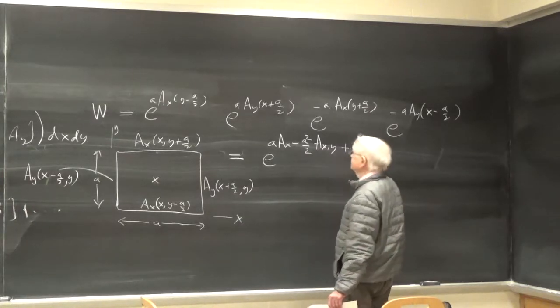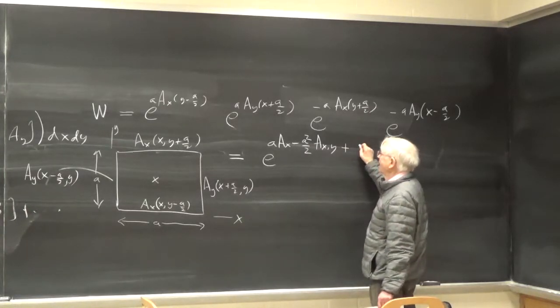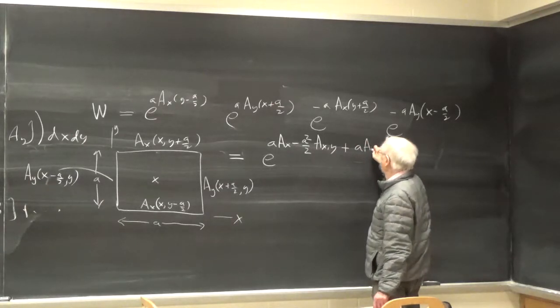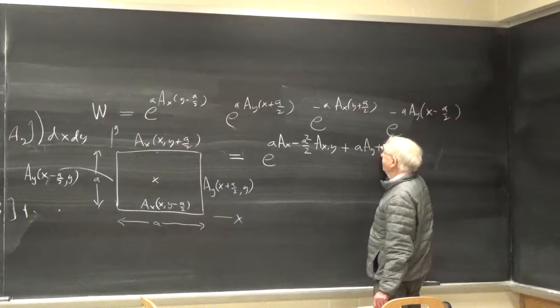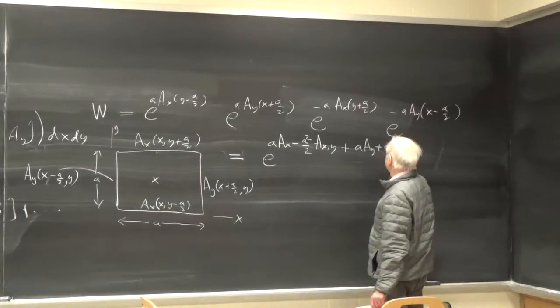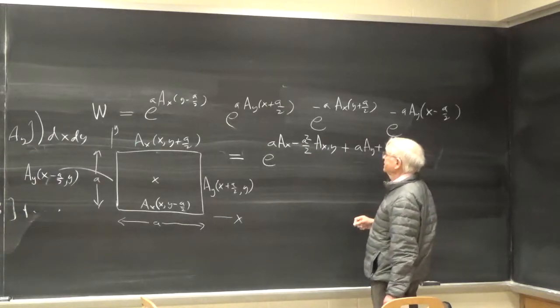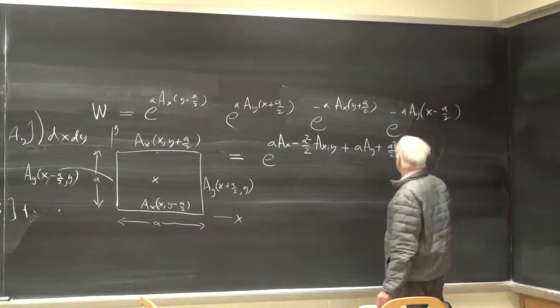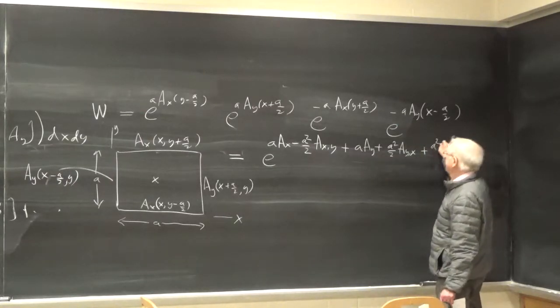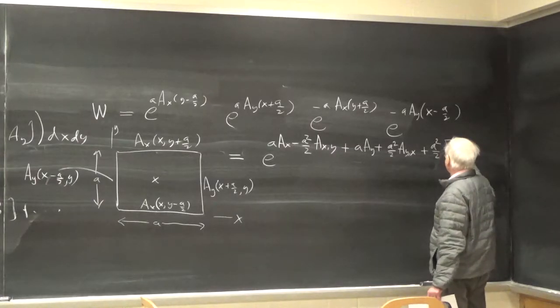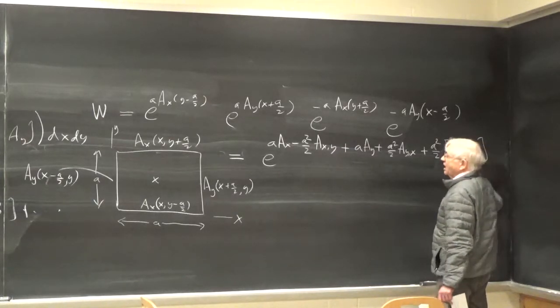Plus a A_y plus a squared over 2 a A_y comma A_x. And then we get plus a squared over 2, the commutator of A_x with A_y.